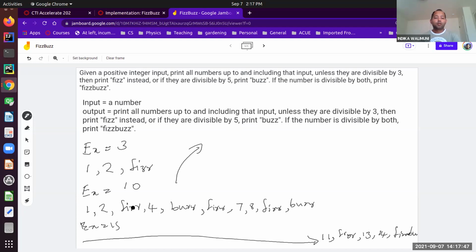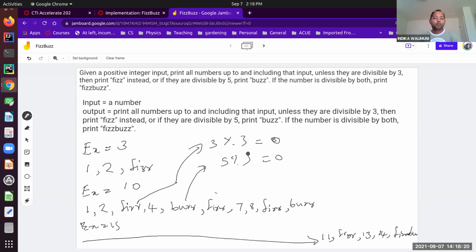So in the first one, checking if this number right here is supposed to be 3, so 3 mod 3 equals 0, right? And we need to check for that. And then for 5, 5 mod 5 is again 0.